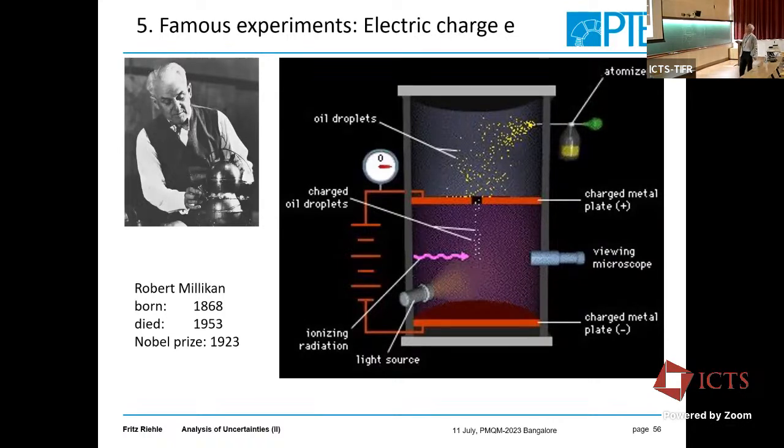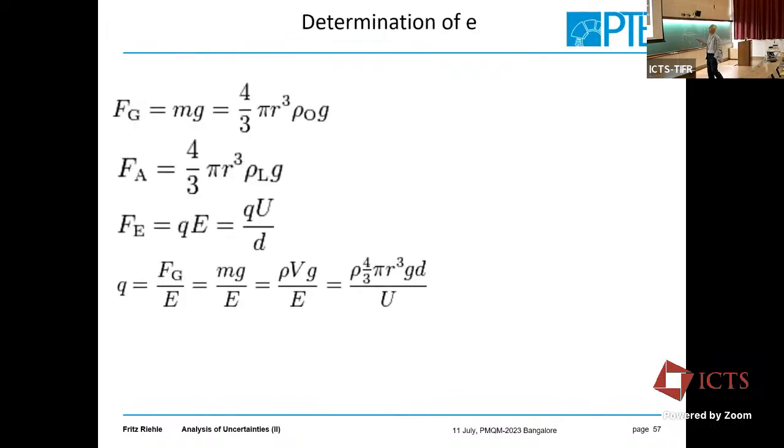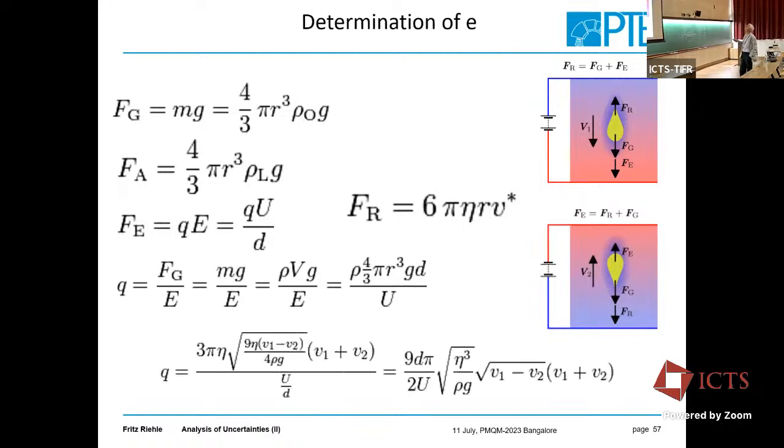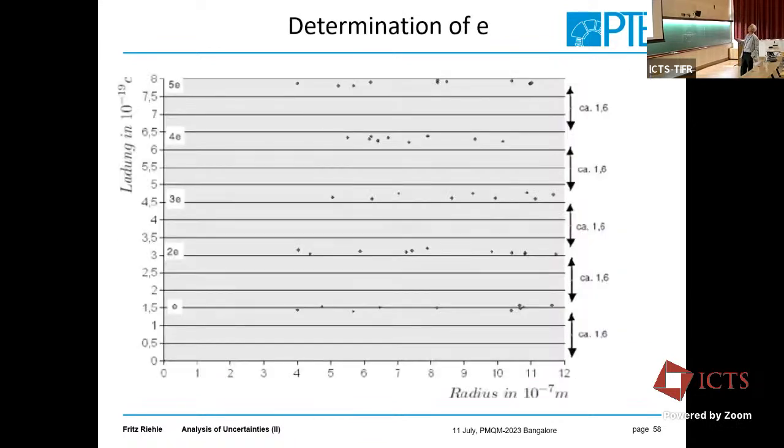Electric charge, you know, the Millikan experiment, oil drops falling down, applying an electric field to counteract the gravitational acceleration with the electric acceleration. I can leave this; you can look it up in Wikipedia, for instance, how it's calculated.